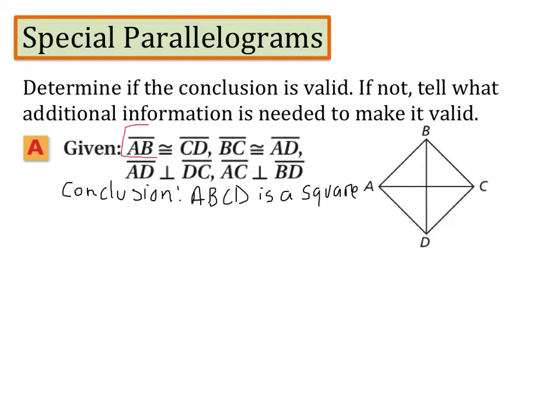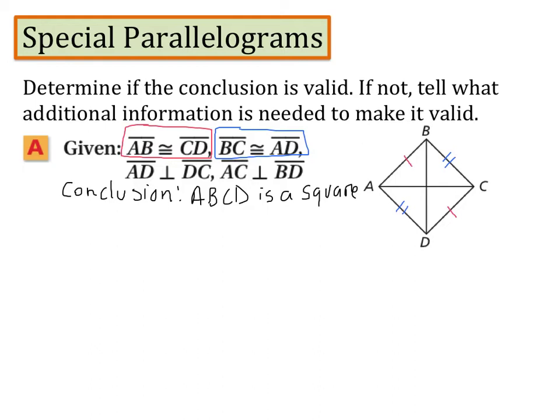My first piece of information is that segment AB is congruent to segment CD. The second piece of information is that segment BC is congruent to segment AD. It doesn't say that they're congruent to each other yet. It just says that individually both of these segment pairs are congruent.